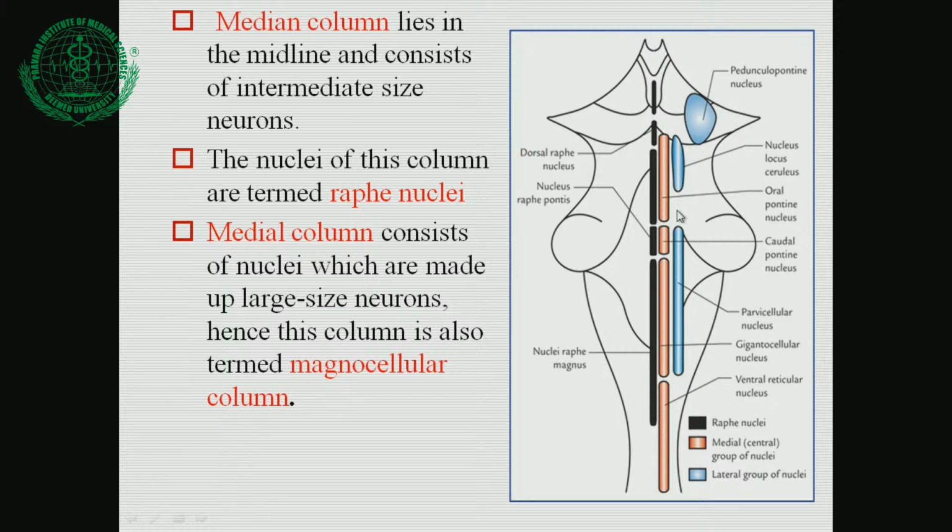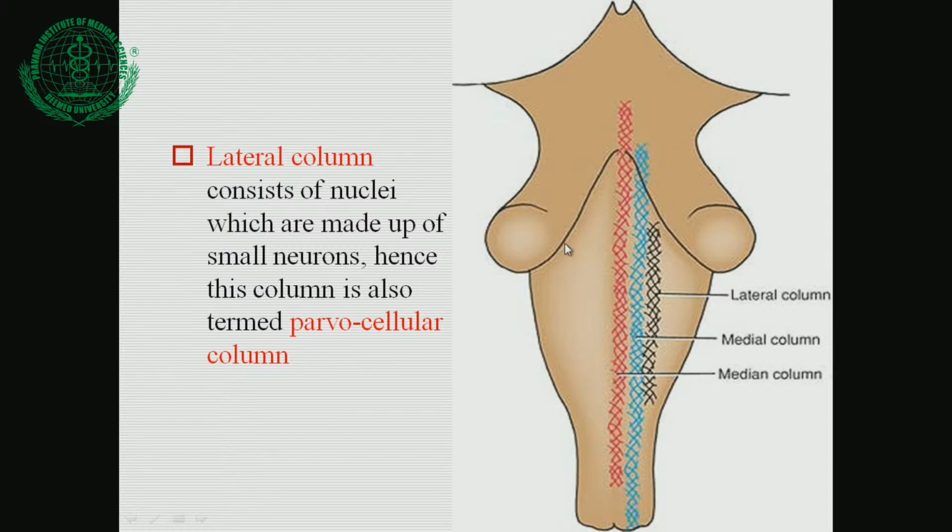Parvicellular, small sized neurons are there. So the medial and lateral columns of nuclei occupy the core of the brainstem.